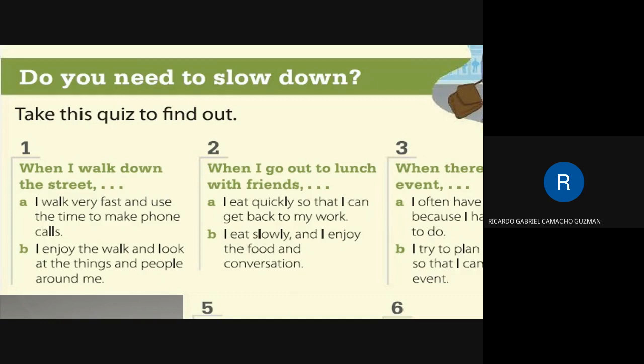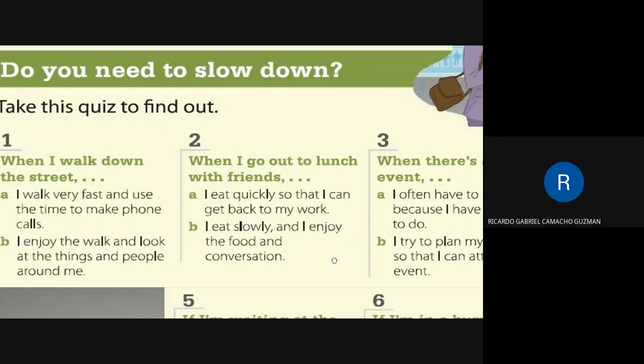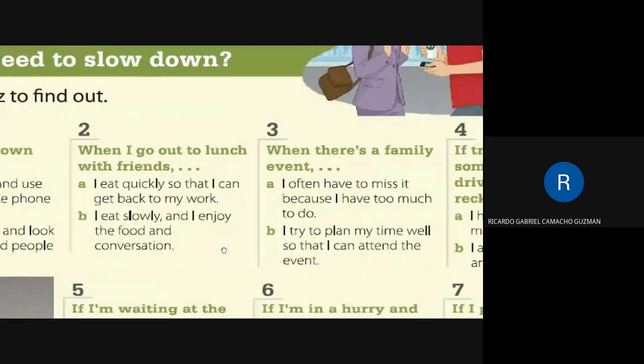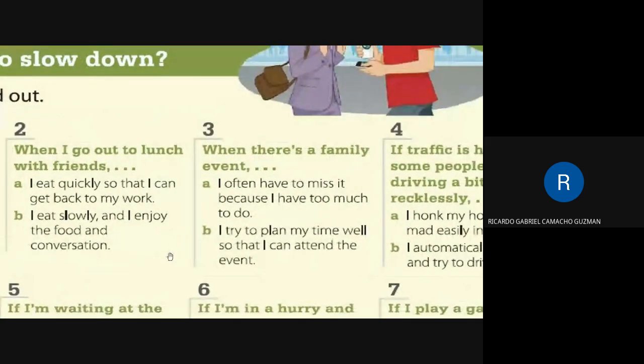All right, we have another question. There it says, when I go out to lunch with friends, I eat quickly so that I can get back to my work, or I eat slowly and I enjoy the food and conversation. I am more like letter B. I definitely am like letter B because whenever I eat something, it's not because I like conversation.